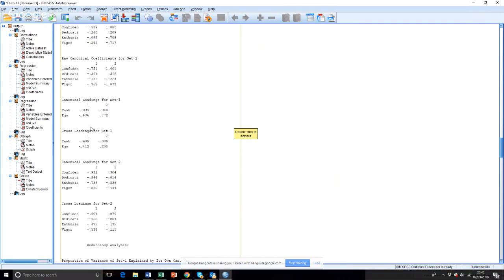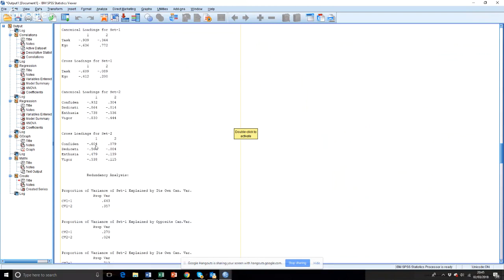And these are essentially the loadings, or the relationship, the prediction of the task and ego variables and the engagement variables on their respective factors. So you can see here that this task motivation orientation canonical factor is essentially made up of low levels of task orientation and low levels of ego orientation. And likewise, set 2, the engagement set, is made up of low levels of confidence, dedication, enthusiasm, and vigor.